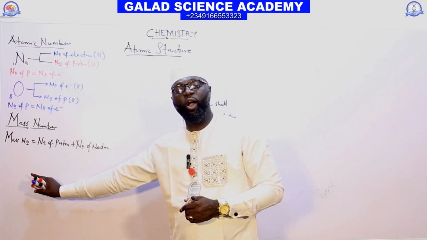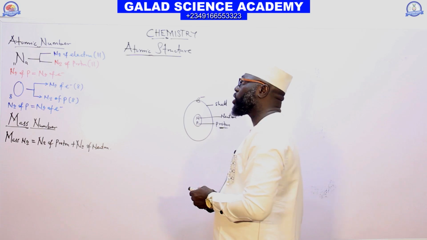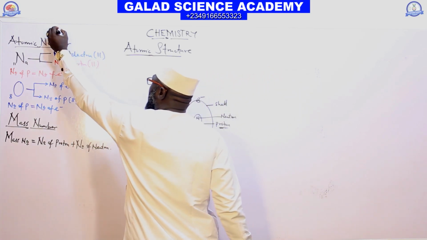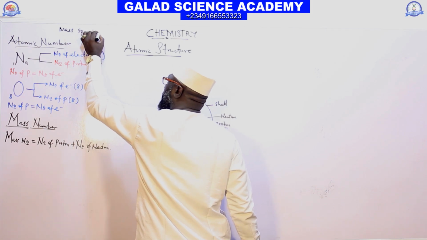And the mass number of an element can be determined by a device called a mass spectrometer.